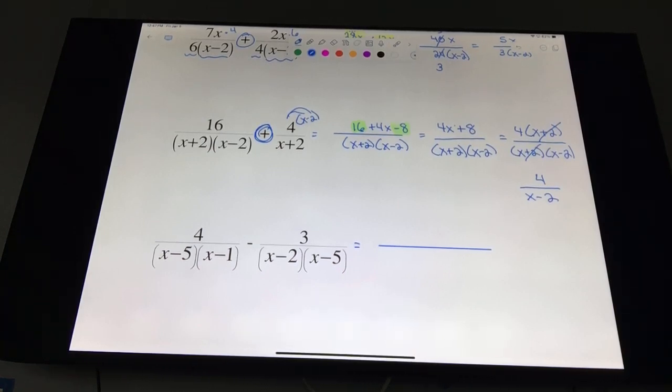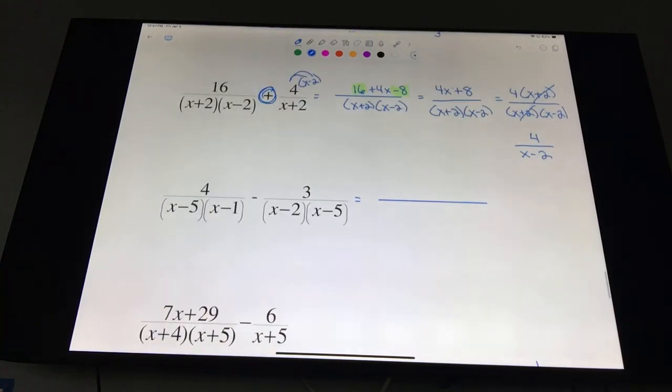Okay, 2 more questions. First one, making my LCD, starting on the left. I need an x minus 5. I need an x minus 1. Jumping to the next fraction, I need an x minus 2. And I need x minus 5, which I wrote, so don't write it again. So compare.